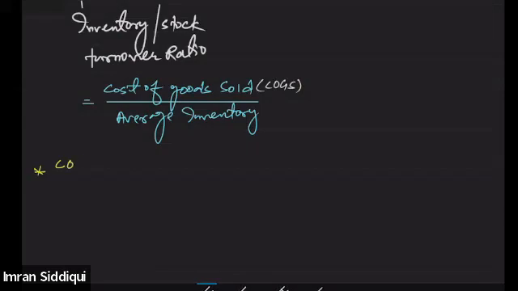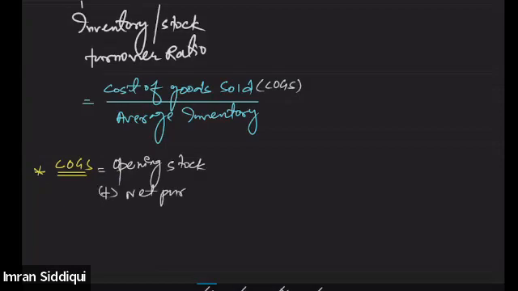COGS, or cost of goods sold, if it is not given directly in the question, can be determined simply by taking the value of the opening stock and adding the net purchases to it. What do we mean by net purchases?